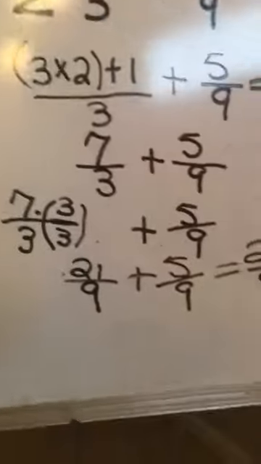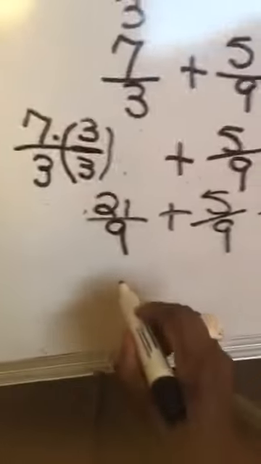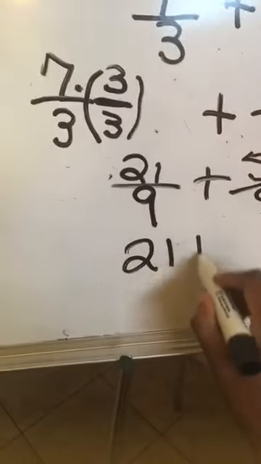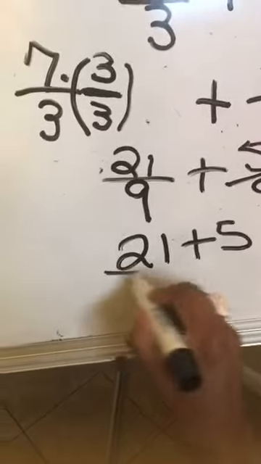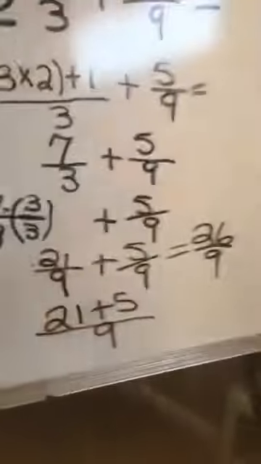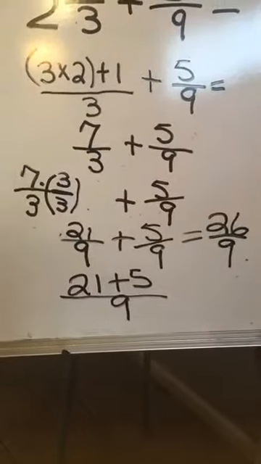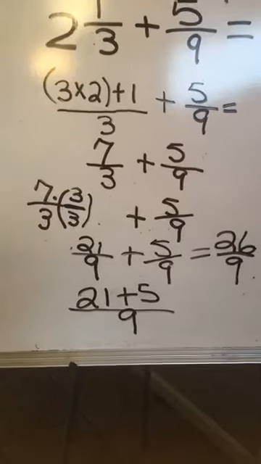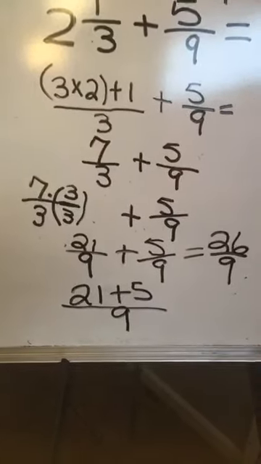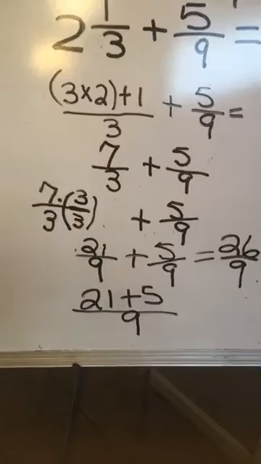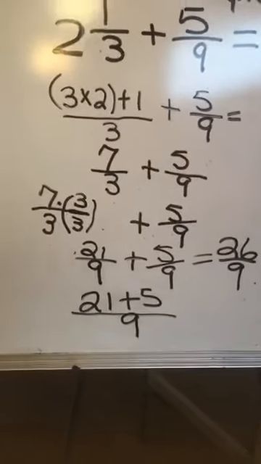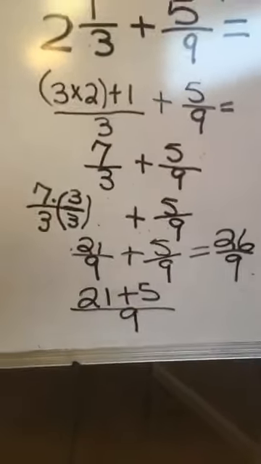Hold on, let me write it neater so you all can see it. 21 plus 5, you can put that all over 9. You can put all of the numerator over 9 because 9 is the same. You don't do anything with that denominator.